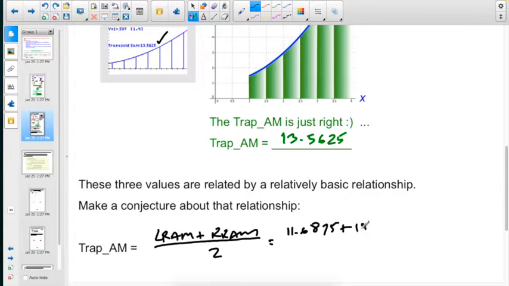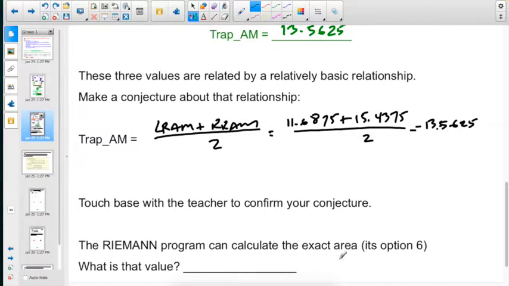So we know that the 11.6875 plus 15.4375 divided by 2 ends up being exactly 13.5625, and that's in fact the process that we go through to do a trap RAM.